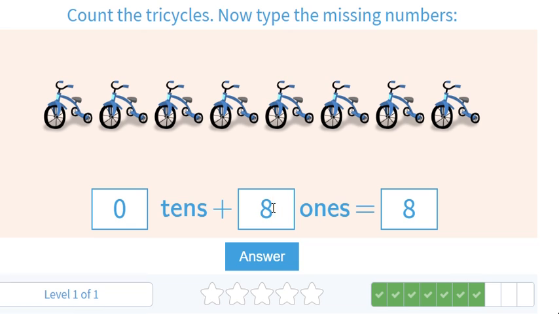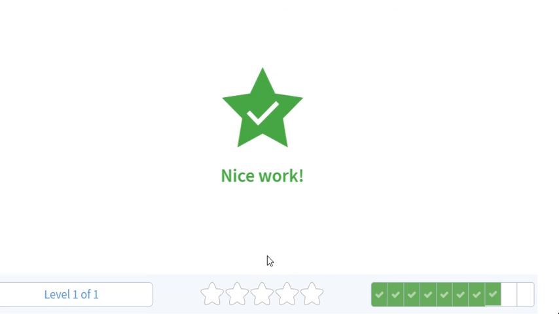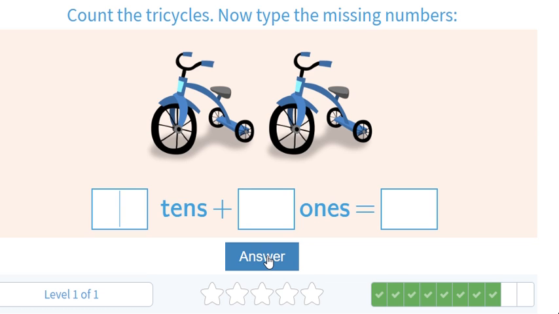So let's put an 8 in the ones box. And so now I have 0 tens, and that number is invisible here because we don't need to show anything here in the number 8. And then we only see the number 8 here because we only have 8 ones. So let's check our answer. Nice work. We did it again.